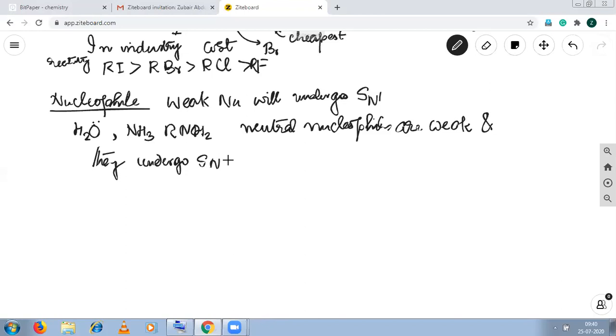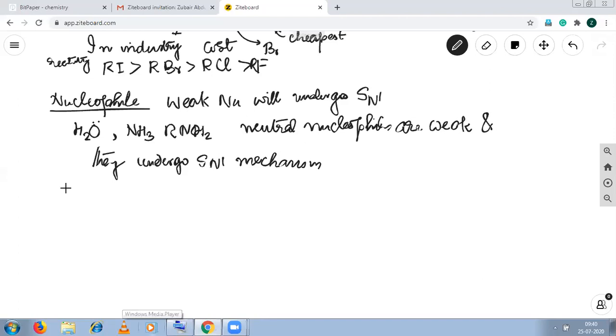The reactions involving these reagents follow SN1 mechanism. But if you have a strong nucleophile, we have already discussed that a strong nucleophile will prefer SN2 mechanism. So these are the SN1 and SN2 mechanisms.